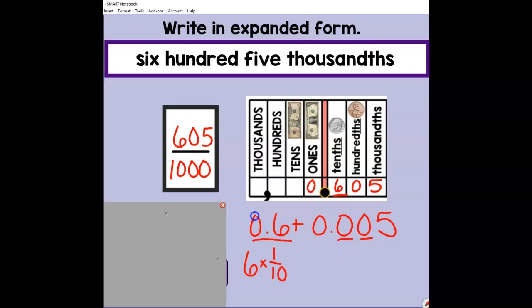That's what this is saying up here, 6 tenths, plus, I don't have to write any hundredths, and I'm going to say 5, oops, wrong way, going back to decimal form, 5 times 1,000th, because again, I had nothing, a 0 in my hundredth spot. So 6 1/10ths plus 5 1,000ths would give me 605 thousandths.